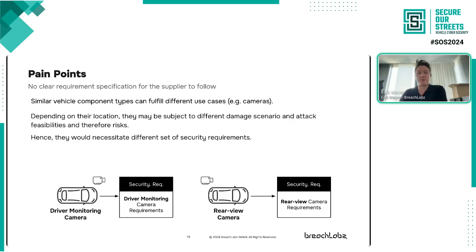Therefore, from a control and requirements perspective, for the rear view camera we would rather go for something like message authentication codes. On the driver monitoring camera, we have to make sure that the camera feeds, and especially their storage on the drive, are properly encrypted to prevent unauthorized access.